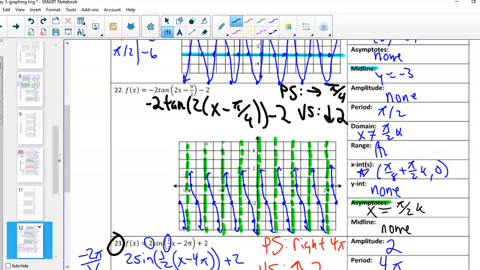It's been shifted down 2, it was stretched by 2, so take that original, shifted left pi over 4, down 2. In the middle would be where you would find all of those middle points, and then go up 2 to the middle, down 2 to the middle to get your curves. Just so you have it, if you did it this way, this is your final table.